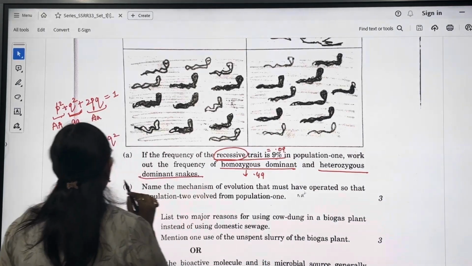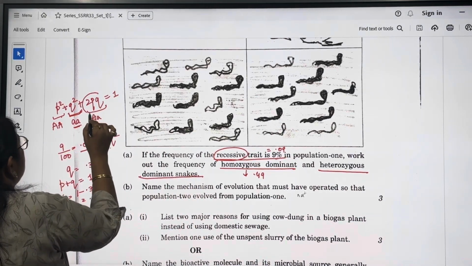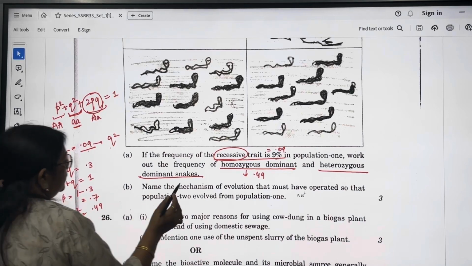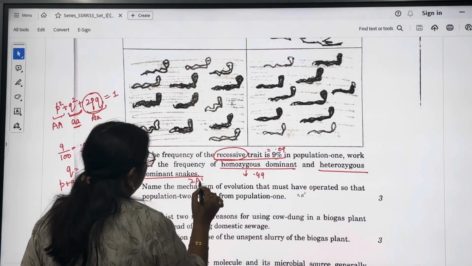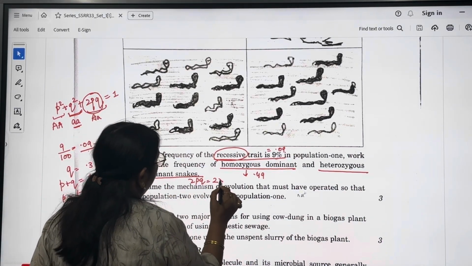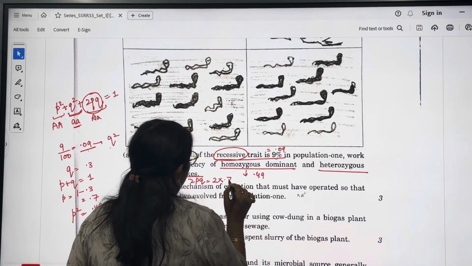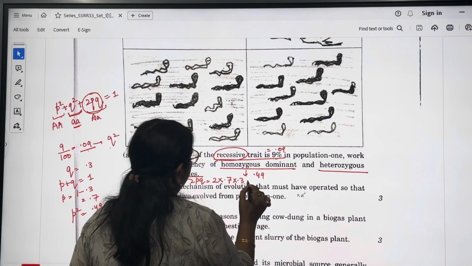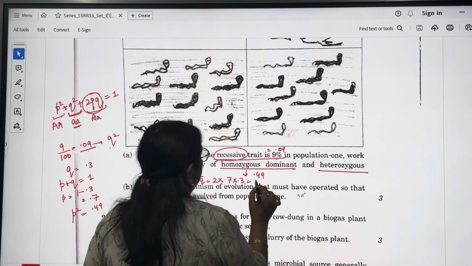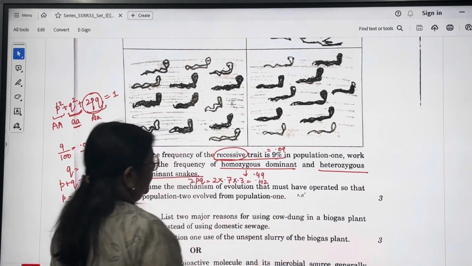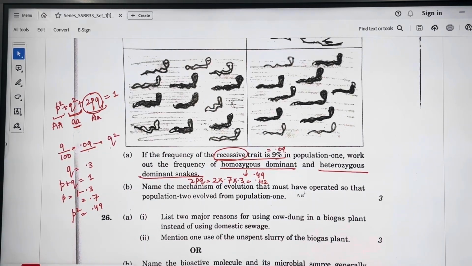Heterozygous dominant snakes means it is asking for 2pq. 2pq, that is 2 into p, which is 0.7, into 0.3, that is 0.42.